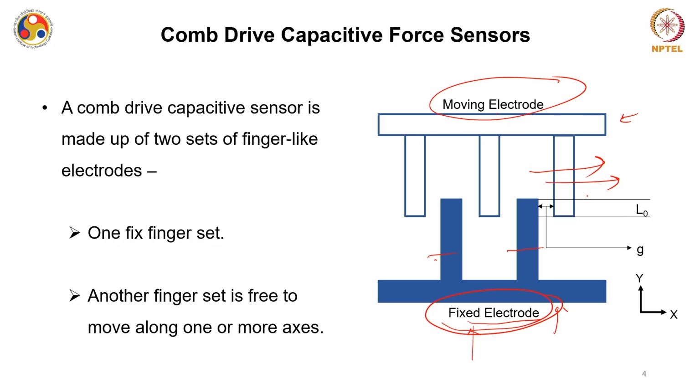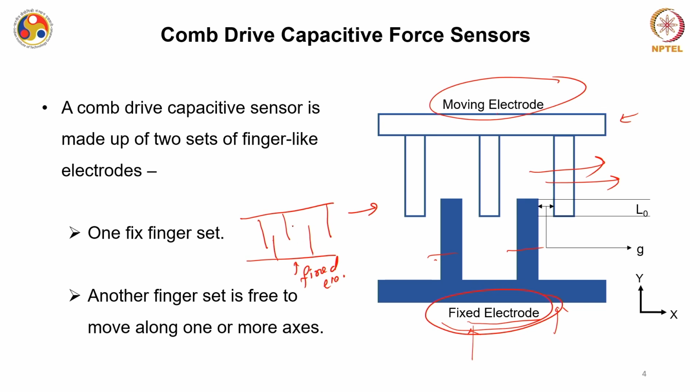So if it is moving in the x direction, let us see how it will look. I have this fixed electrode configuration. Now I am considering that this moving electrode can move in the x direction. This is the initial position of the electrode.